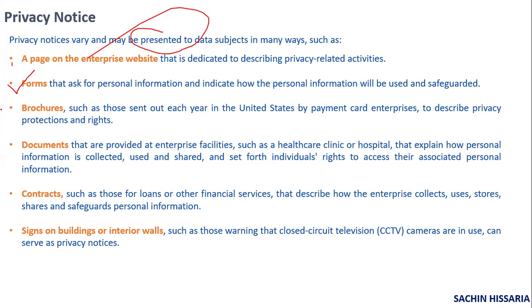For example, when you go to hospitals, they provide you a certain list of documents and papers stating that this information will be collected and how it would be used. It may be in the terms of a contract when you are entering into a contract with a third party. In that contract also you can decide and write the privacy notices.